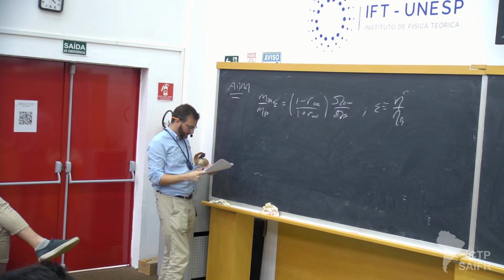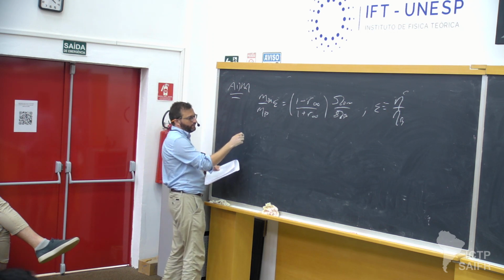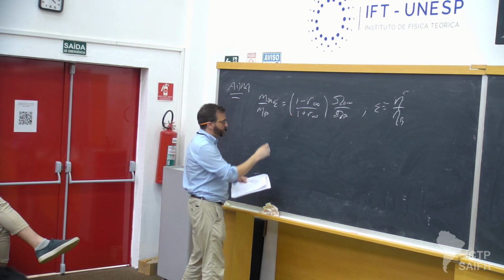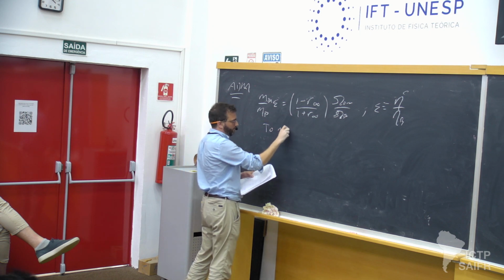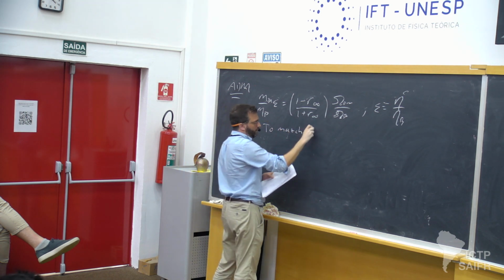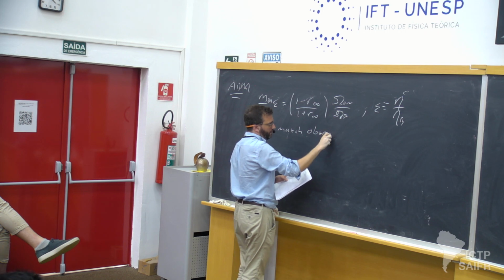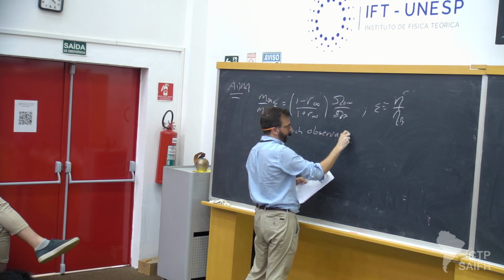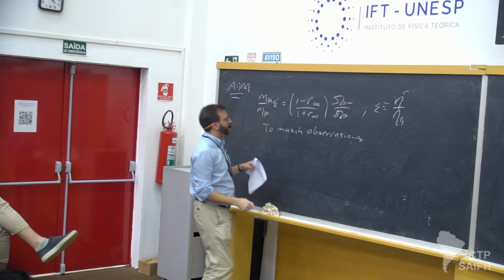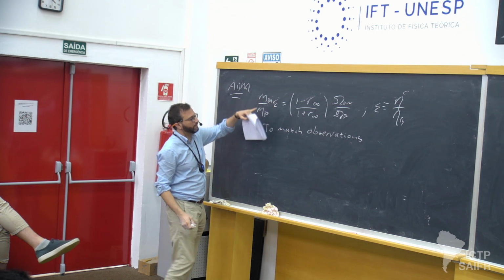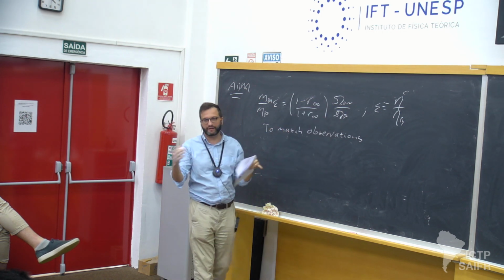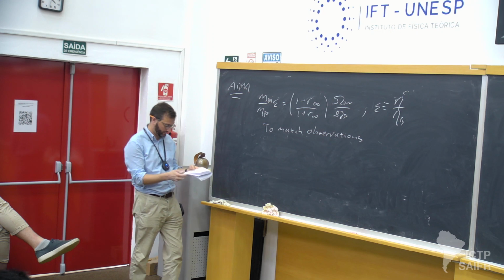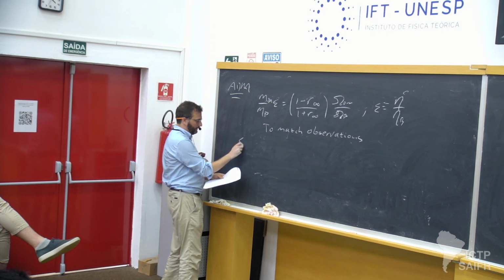We want this to hold to match observations. So we can't have arbitrary M dark matter, eta, and R infinity. They're related observationally.